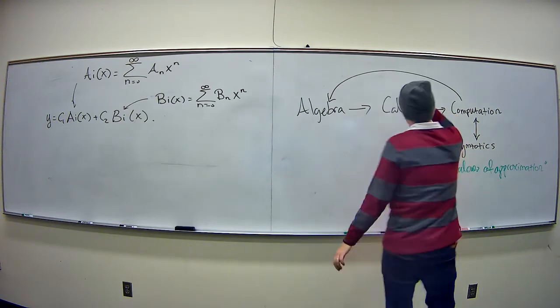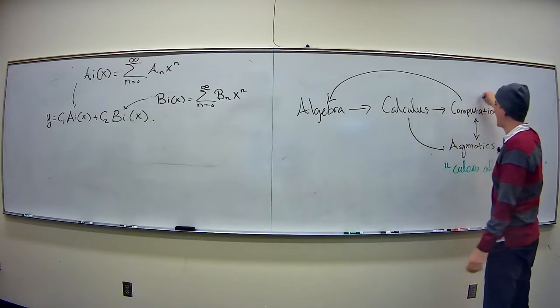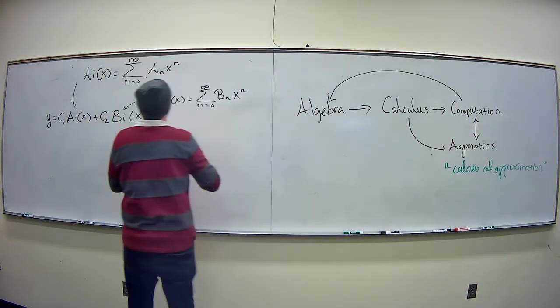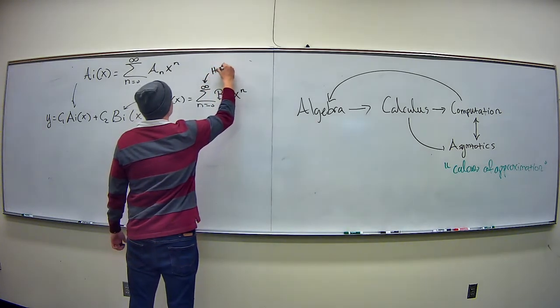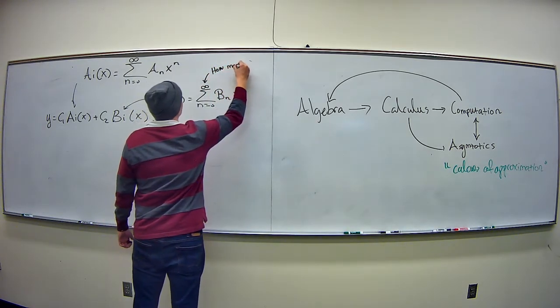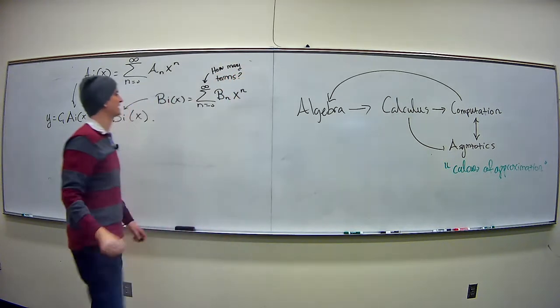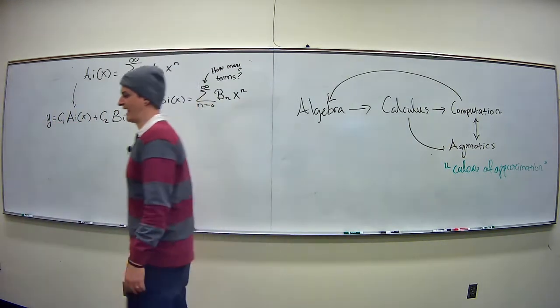Now I have a calculus problem, that differential equation. I figured out the solution, and I'm back to a computation issue, because now I do need to know how big n needs to be. How many terms do I actually need for this series to give me the correct answer?